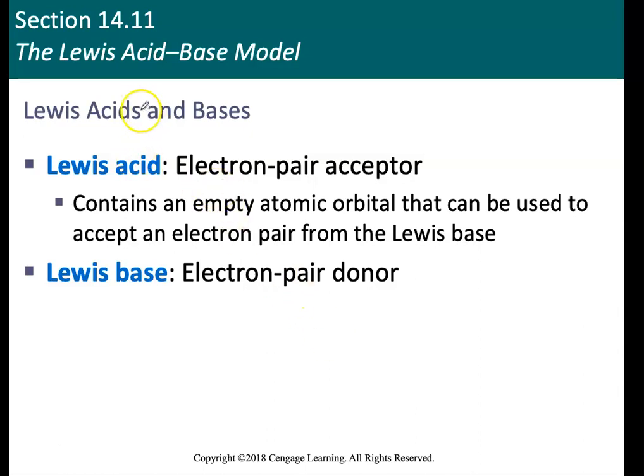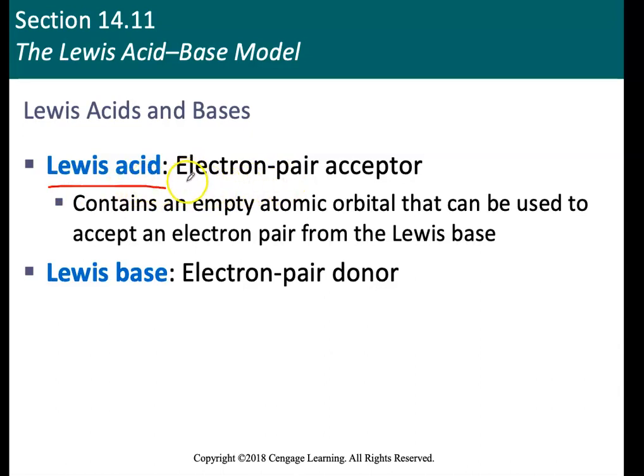Okay, that leads us into the final model for describing acids and bases, and this is known as the Lewis acid or Lewis base model. Now, this definition is very encompassing. In other words, it covers pretty much what we have discussed from the Arrhenius definition and also the Bronsted-Lowry definition, including what is not covered by the two.